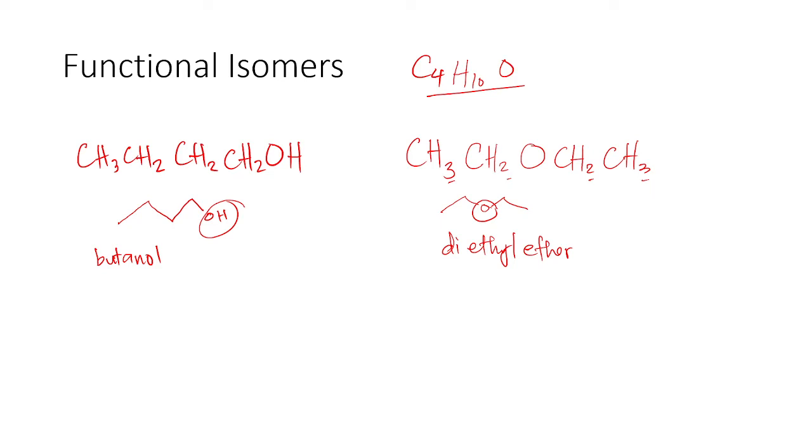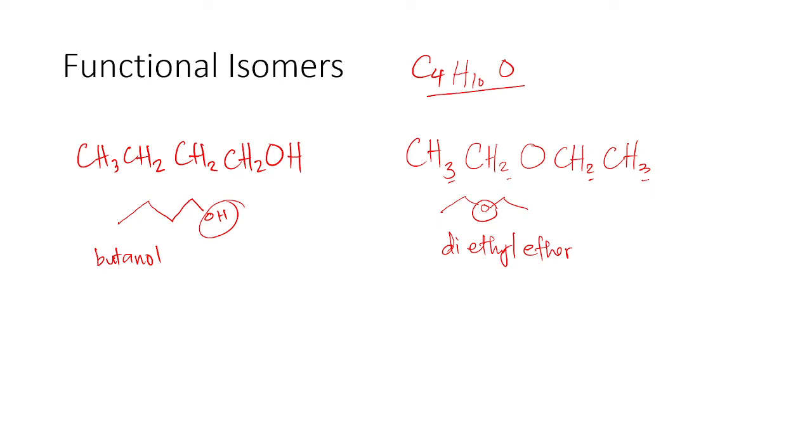These organic compounds are called functional isomers. Butanol is a functional isomer of diethyl ether: they have the same molecular formula, but they differ in bonding, or they have different functional groups.